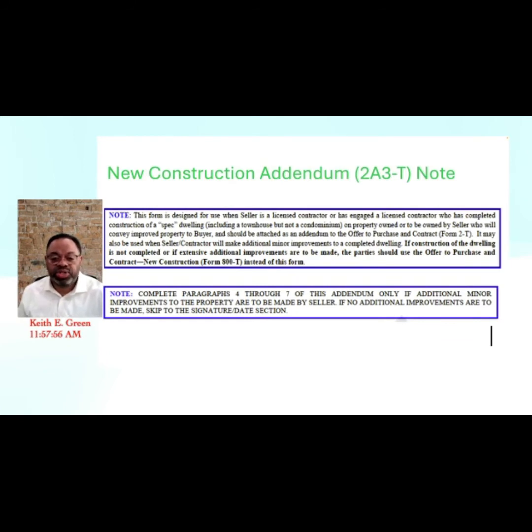All right, new construction addendum. These 2 paragraphs were added. Let's see what it says about that. This form was not used as much as the Commission and the Association of Realtors, as well as the Bar Association, needed it to be used.